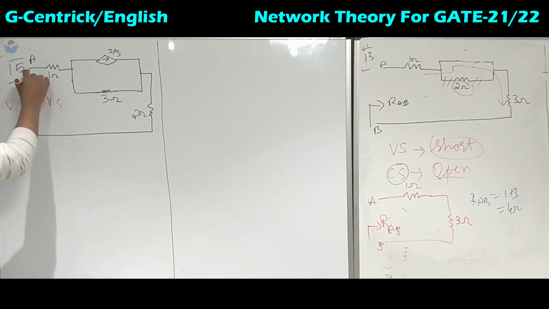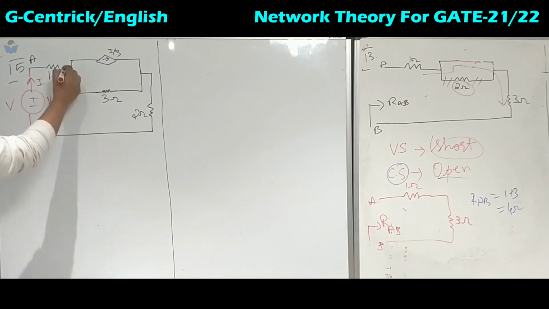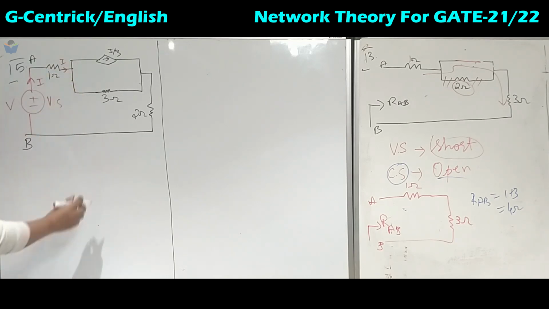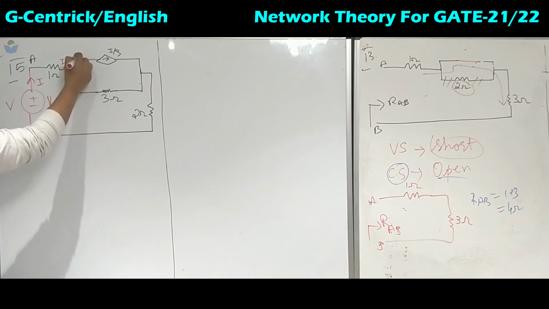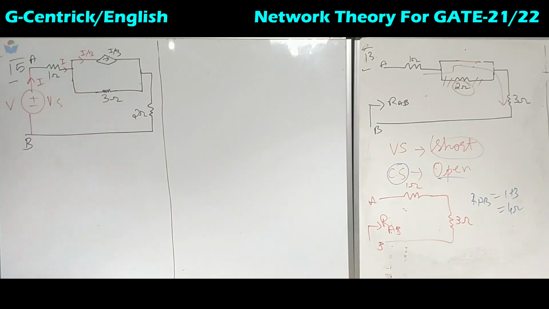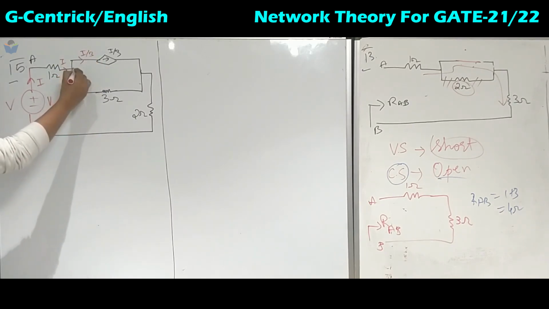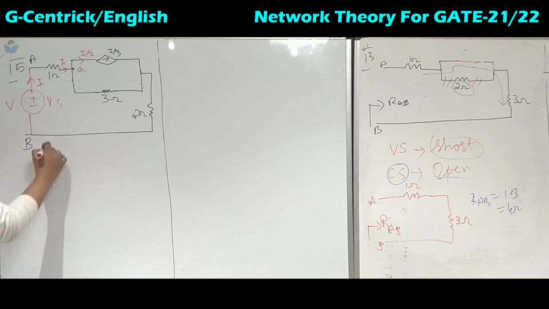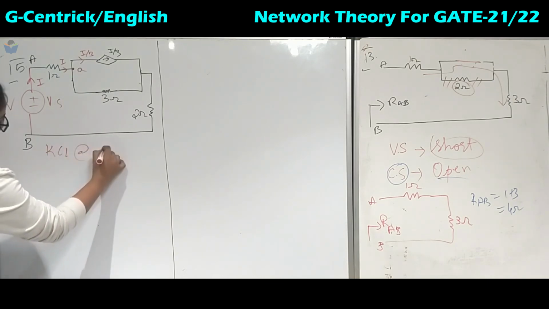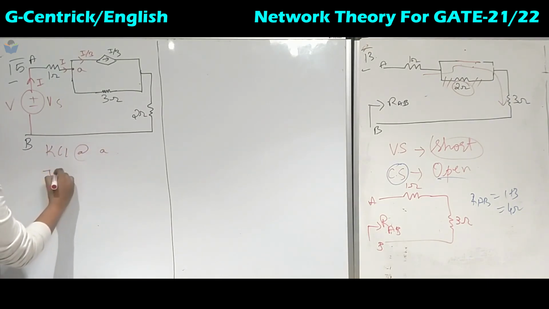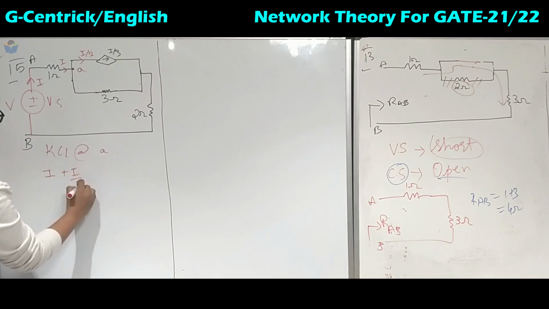So because of that, some amount of current will flow through the circuit. So when the current comes here, it will get divided. In this branch we already know the current, so it is I by 3. Now we will apply KCL at node A. So when we apply KCL at A, we will get I plus I by 3.